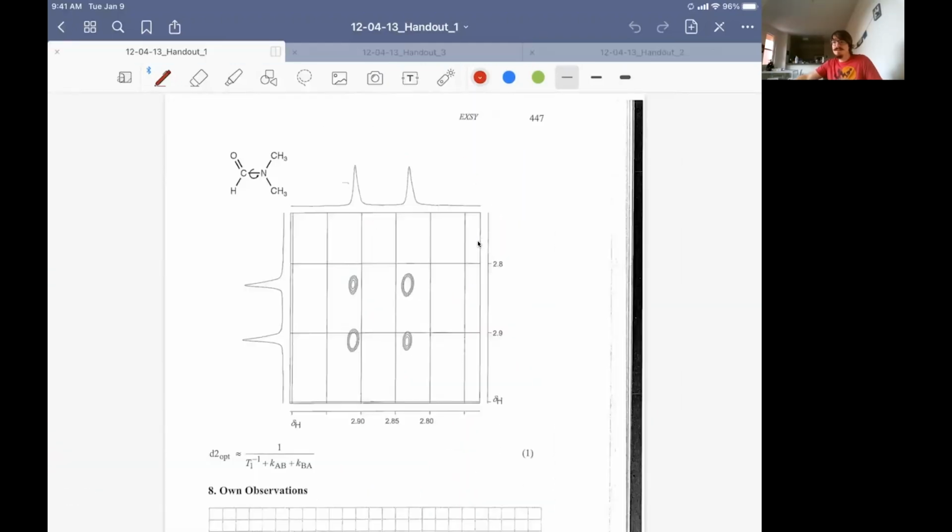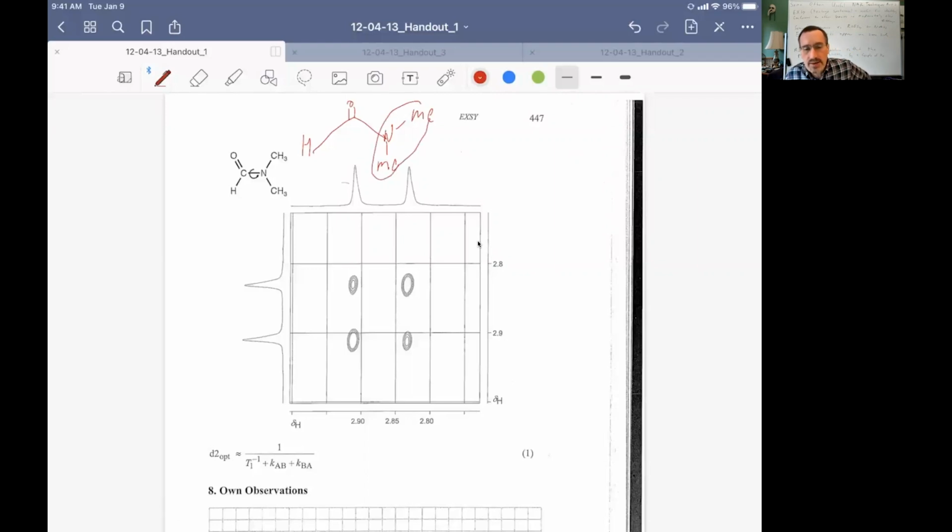Yes. All right. So DMF, which we talked about before, has 2 methyl groups in there. And those methyl groups give rise to 2 sets of resonances, one at one position, one at another position.